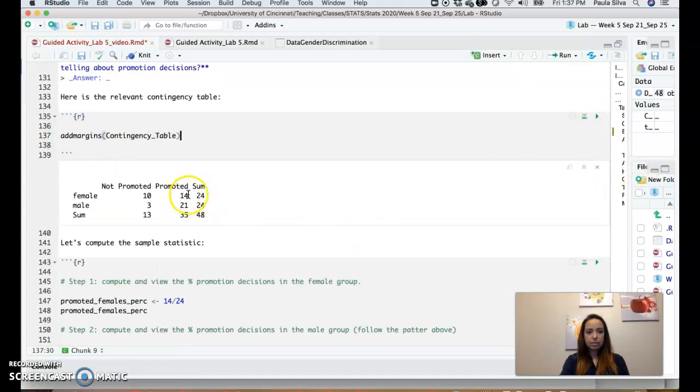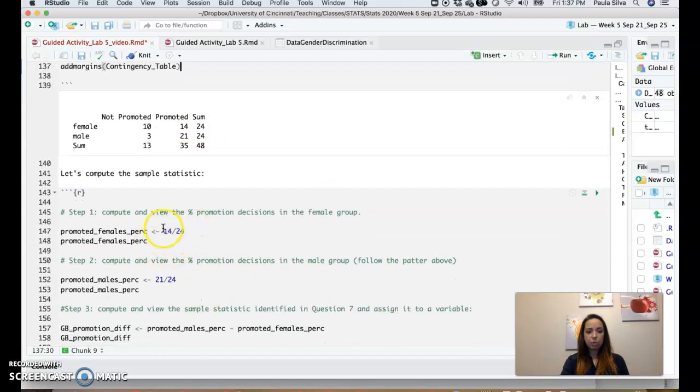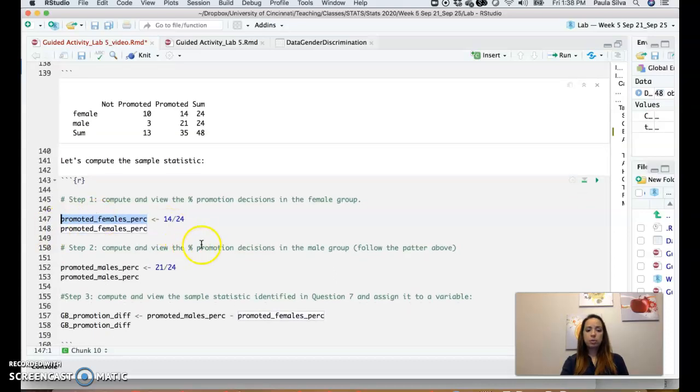And that's 14 divided by 24, and I'm assigning that ratio, that proportion, to promoted females. And then I'm computing the percent promotion decisions in the male group. So that's 21 divided by 24. That's a proportion. If I multiply by 100, we get the percentage.